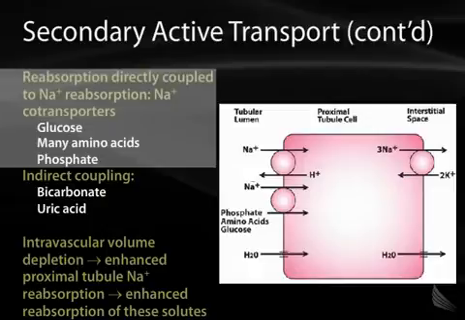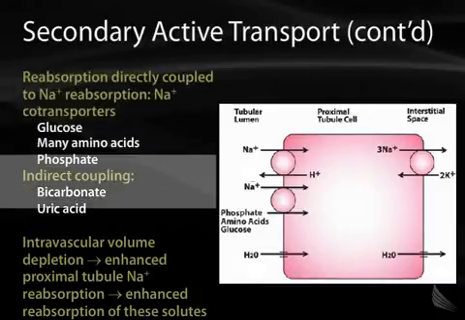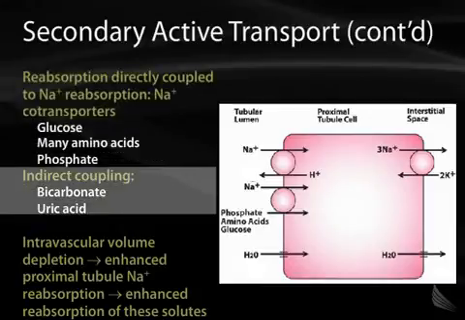With respect to glucose, amino acids, phosphate, and other substances, reabsorption is directly coupled with the sodium, phosphate, amino acid, or glucose cotransporter. Substances such as bicarbonate, as well as uric acid, rely on indirect coupling. We will walk through the reabsorption of bicarbonate in more detail in a few moments.